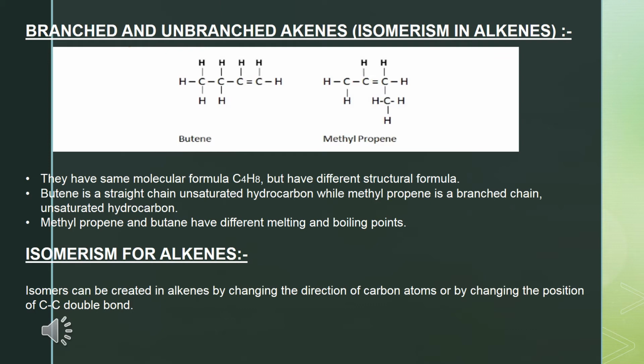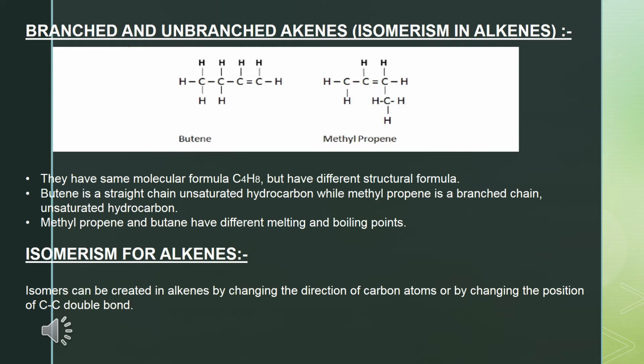We can say that in butene there is no branch, but in methyl propene there is a branch as well, but the number of hydrogens and carbons is the same. So this is the isomerism which is found in alkenes. The molecular formula is the same, but the structural formula is quite different.